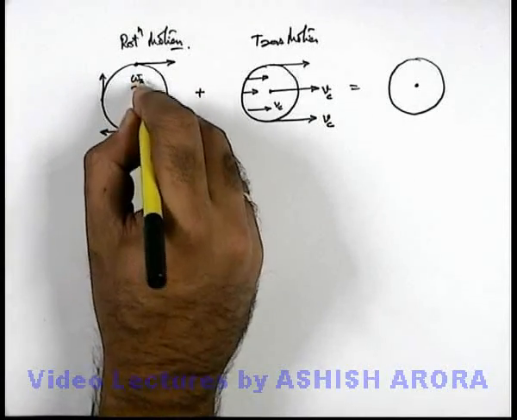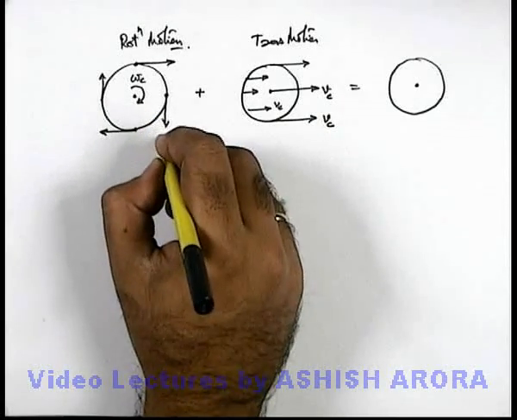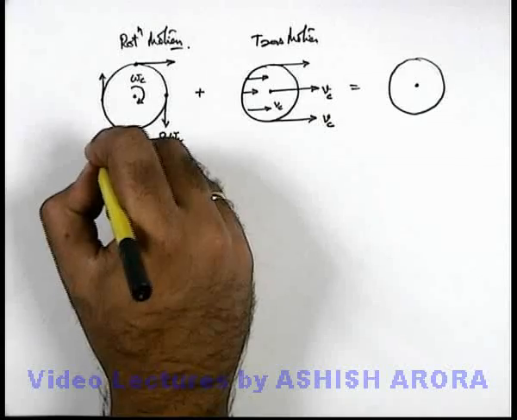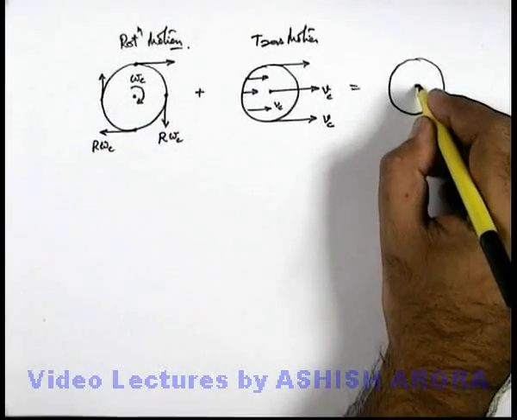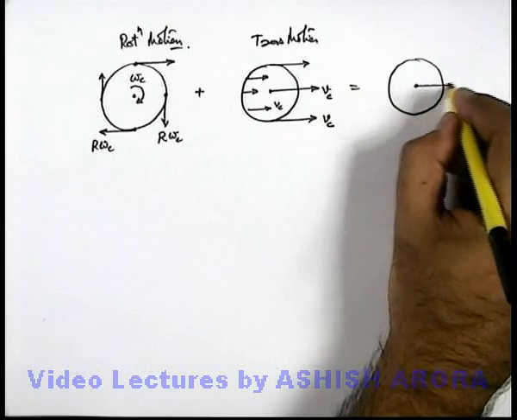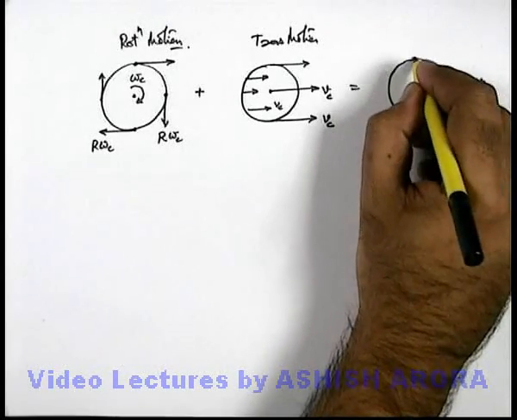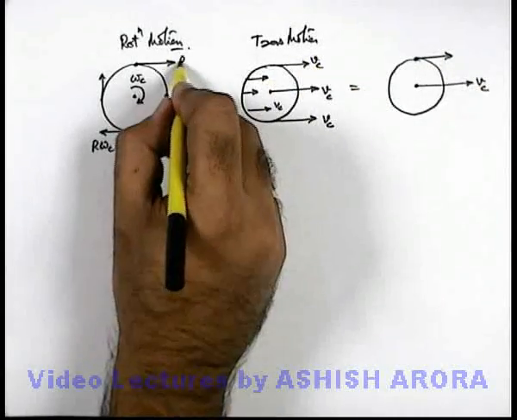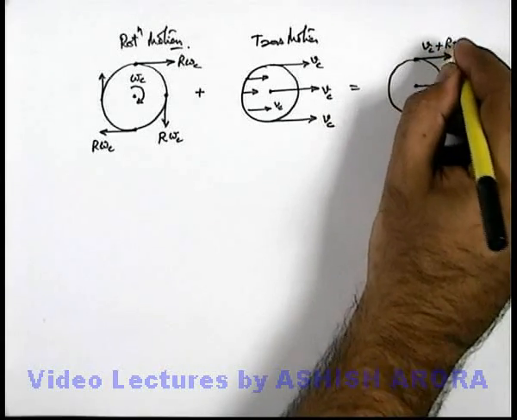Obviously, if it is rotating at an angular speed omega c, the particles on the circumference of the body will have a speed r omega c at every point on the circumference. So in this situation, the center would still be moving with the speed Vc. The topmost point will have two velocities, one due to translatory motion and the other due to rotational motion, so it will be Vc plus r omega c.